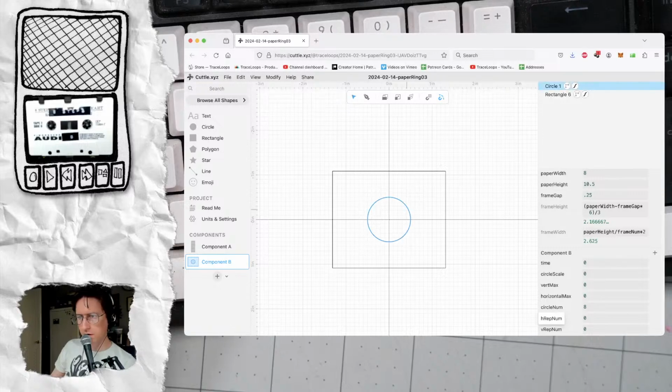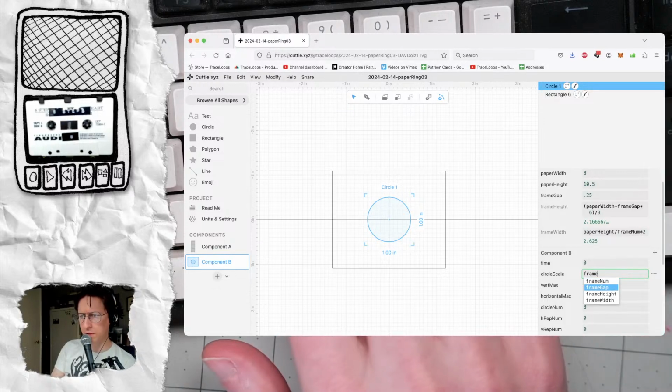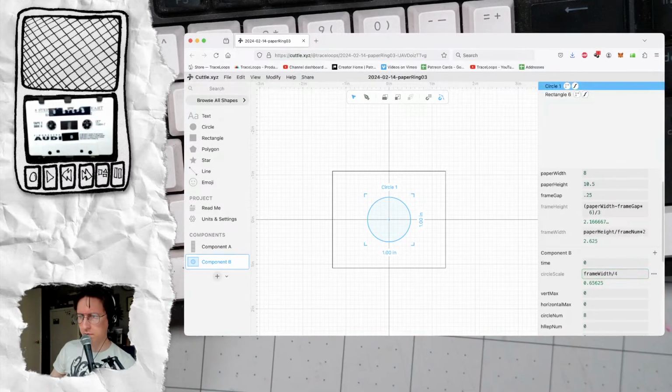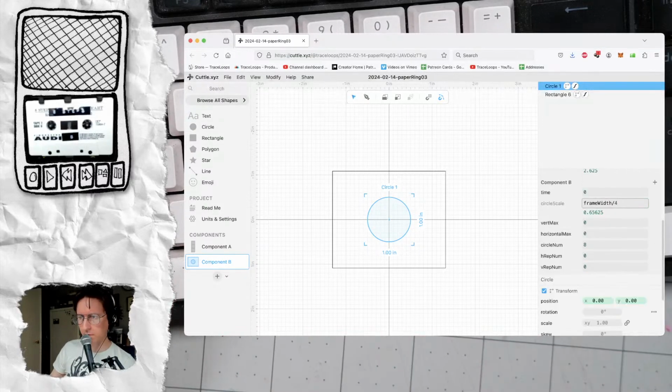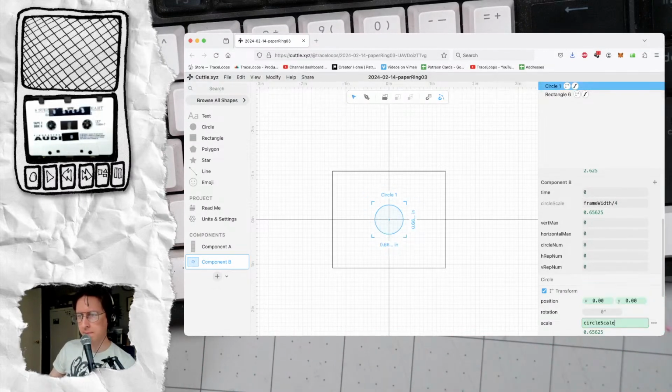So circle scale. Let's make this frame width divided by 4. See what that looks like. Scale is circle scale.